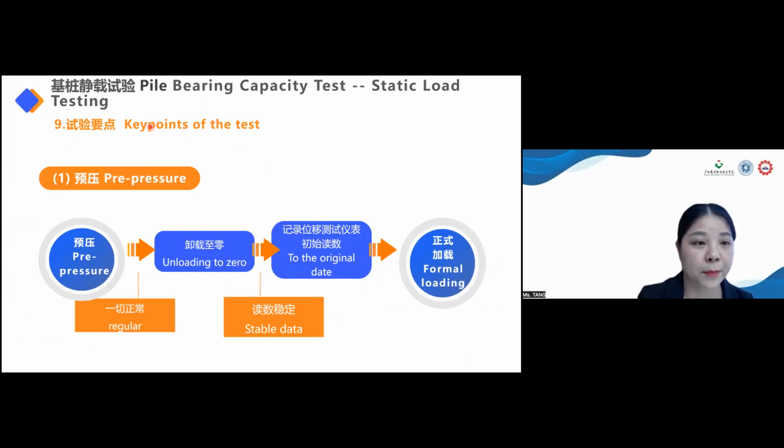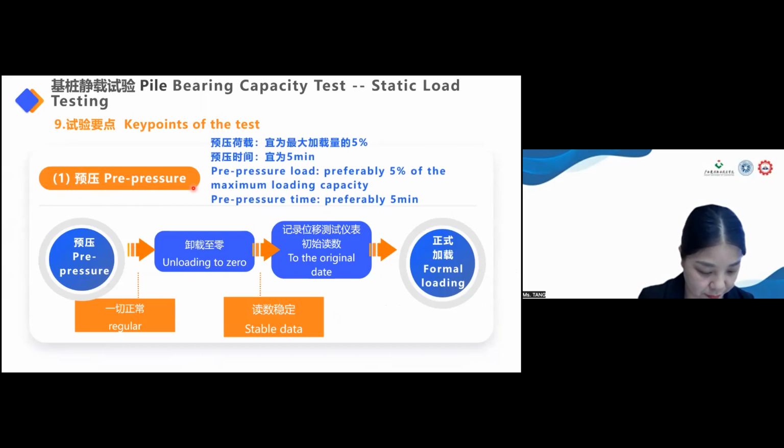Key points of the test. The first, pre-pressure. The static load test can be carried out after the completion of the test installation preparation work, and the pre-pressure must be carried out before the formal loading.